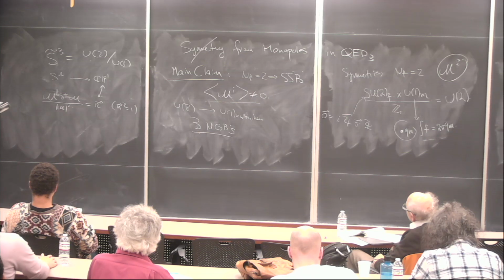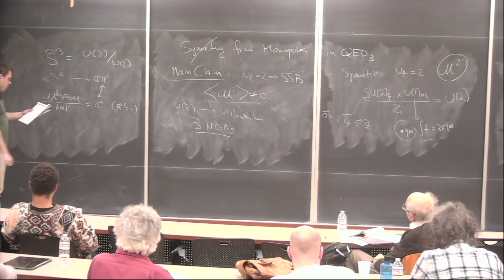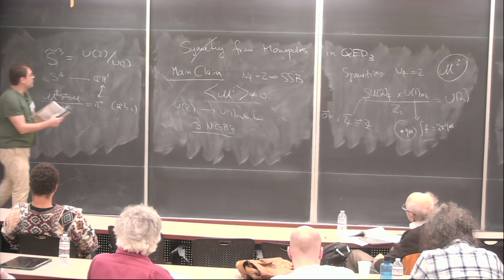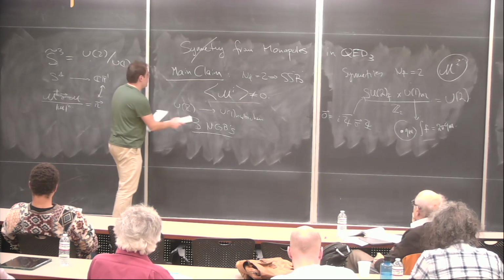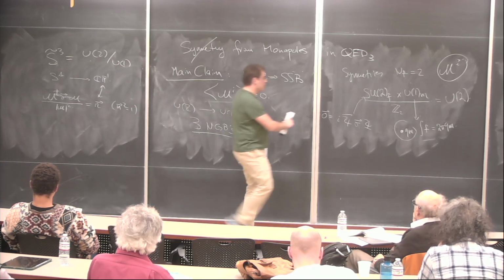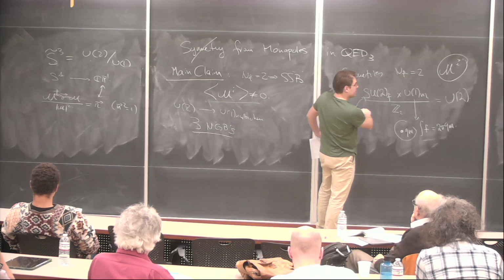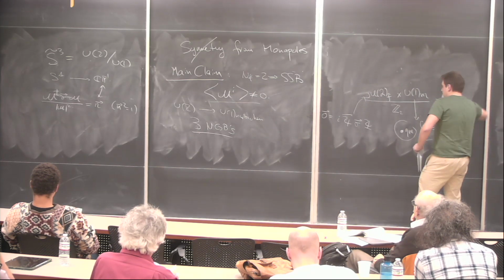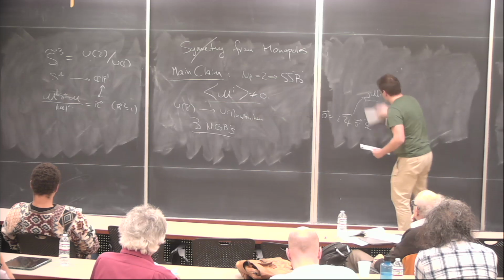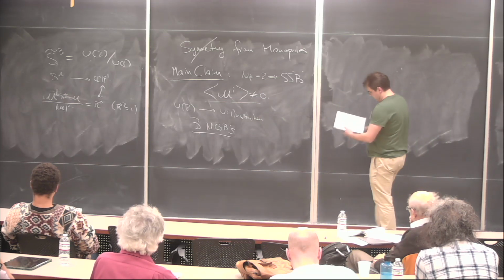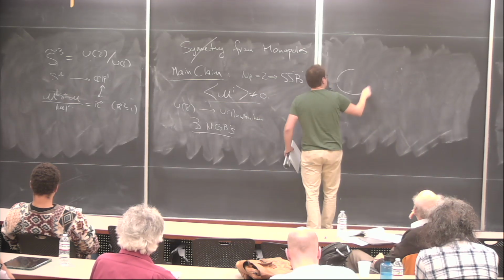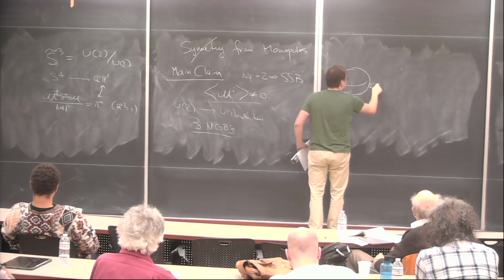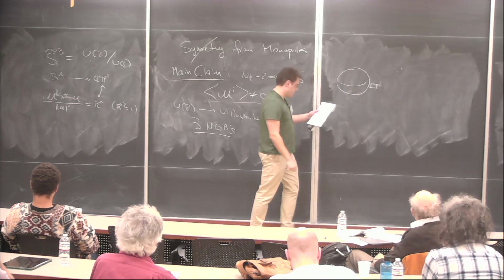And then let me draw you a picture of what the sigma model looks like. So I want to do a few things with it. So if you take the CP1 base of the fibration, which is just an S2, right?